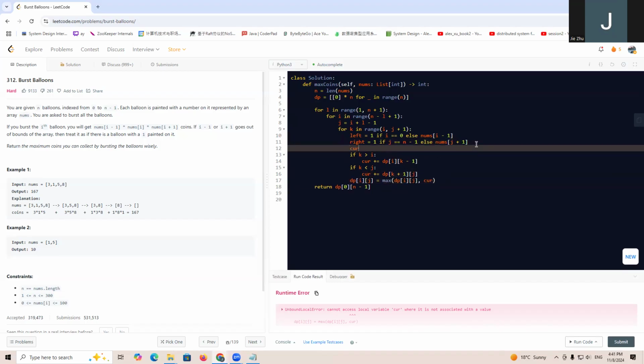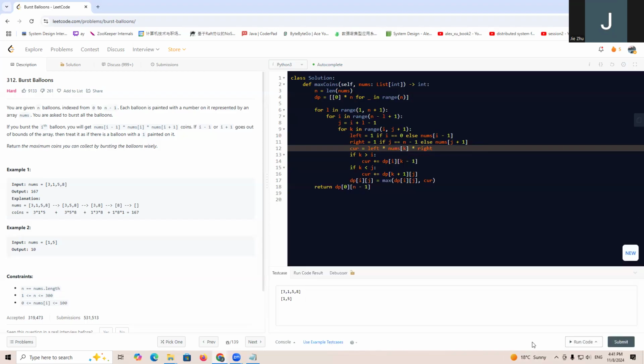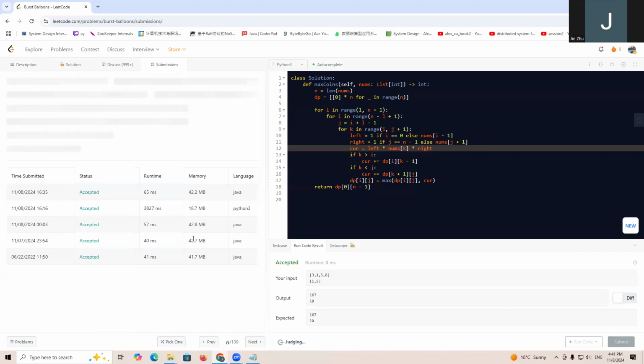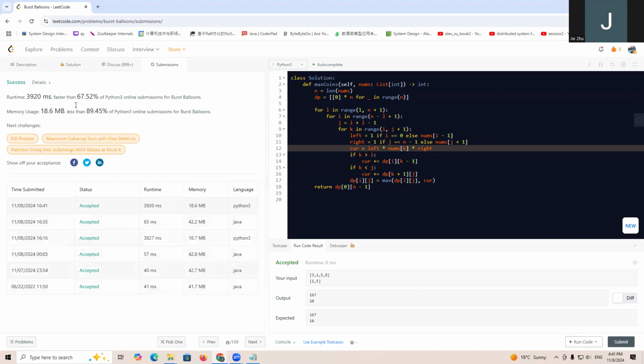Firstly, we should have current equals left multiplied by nums[k] multiplied by right.